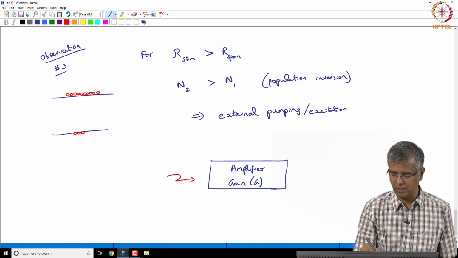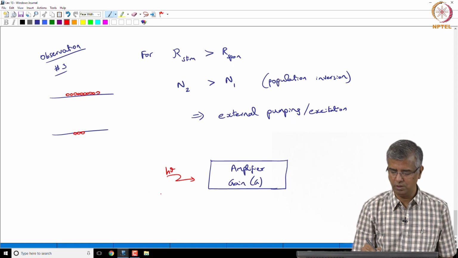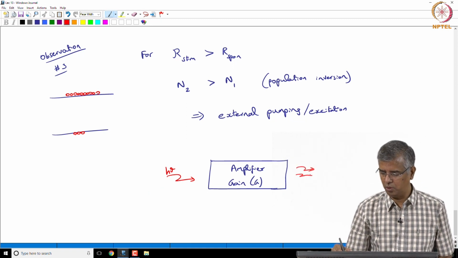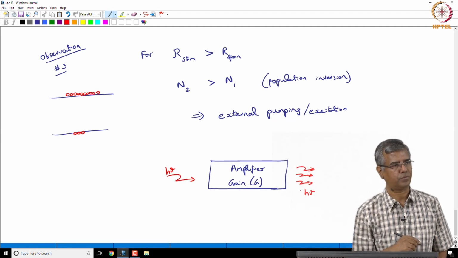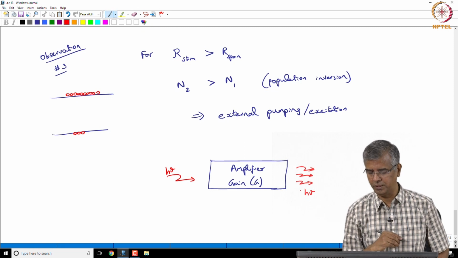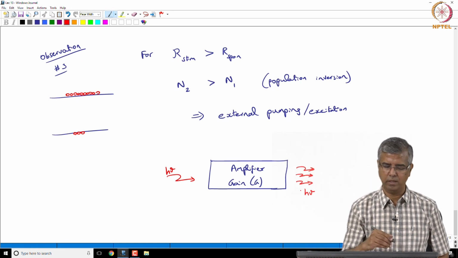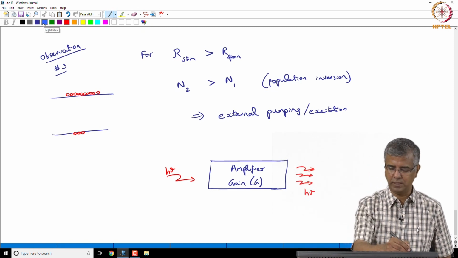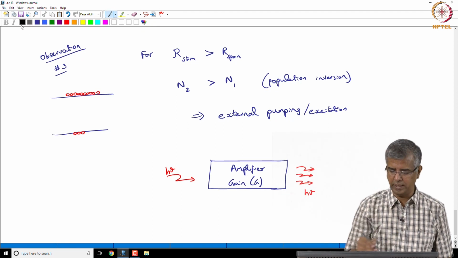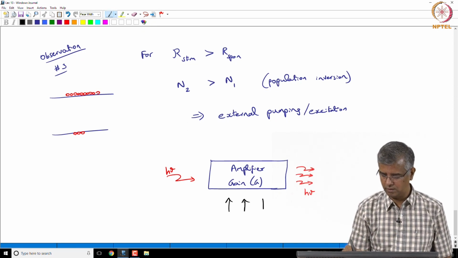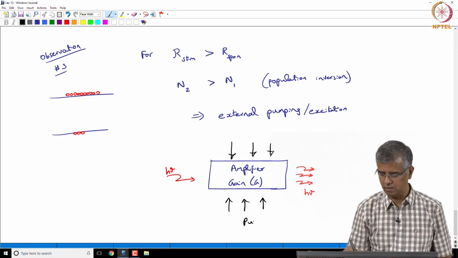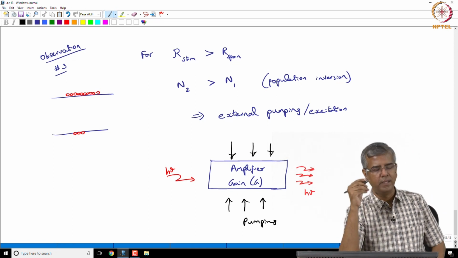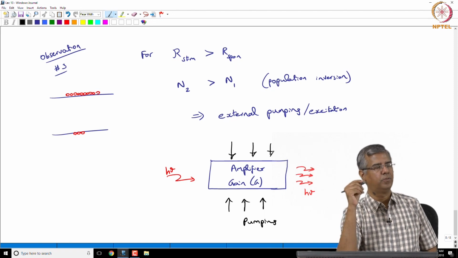I am coming in with some photons h nu, and I am going out with a lot of photons at that same frequency, the same energy. And to achieve this, what I need now is some external pumping.